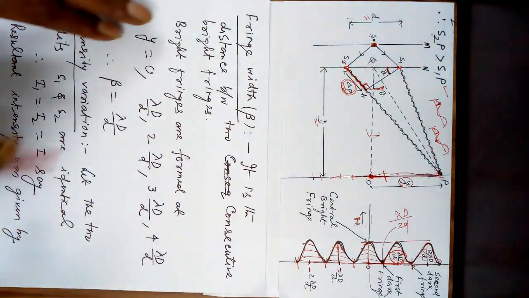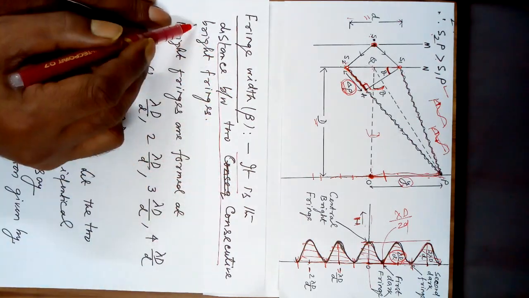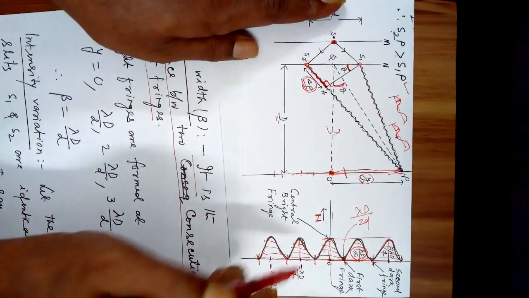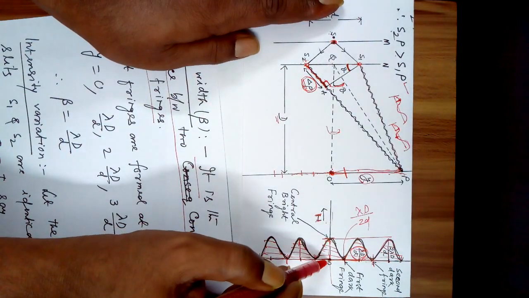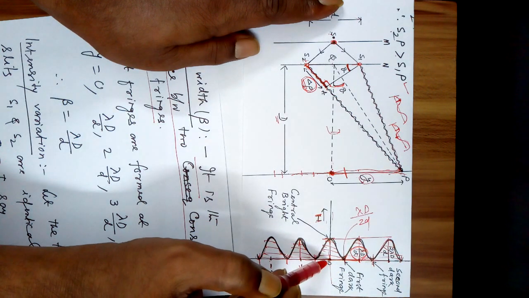Now, fringe width, it is the distance between two consecutive bright fringes. Look here, this point is bright. Again, this point is bright. What is the distance from here to here?